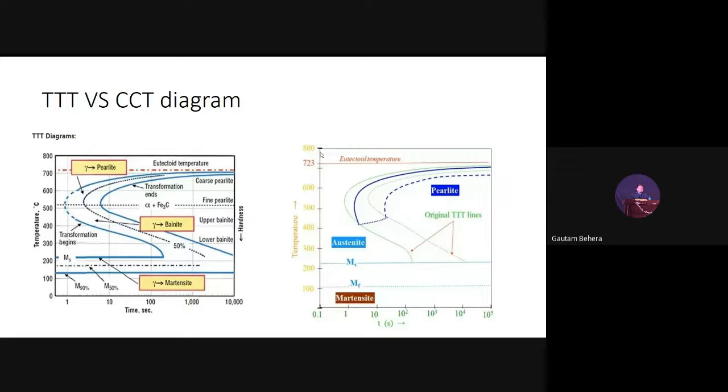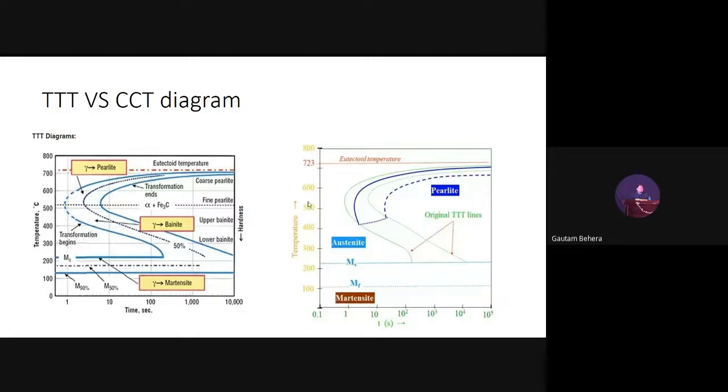If you do a slow cooling, I will move like this and I will end up with coarse pearlite. Suppose I do somewhat faster cooling, I will end up with fine pearlite. If I do very fast cooling, then I will end up with martensite.